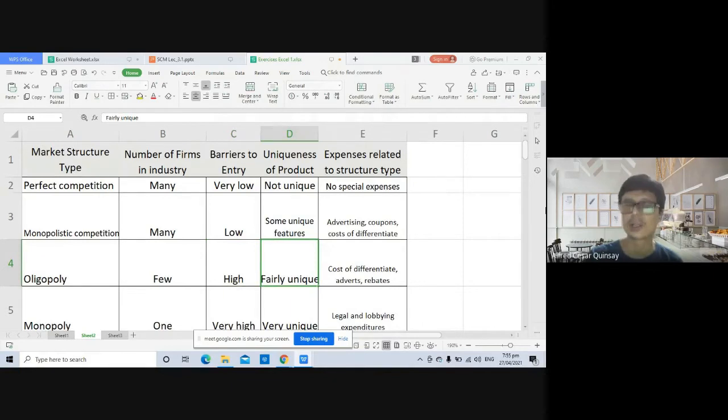Uniqueness of the product is fairly unique. You see the supply chain in the grocery, for example, the Sy family, in that hypermart. Their supply chain is covered by them, whether it's forward integration or backward integration.